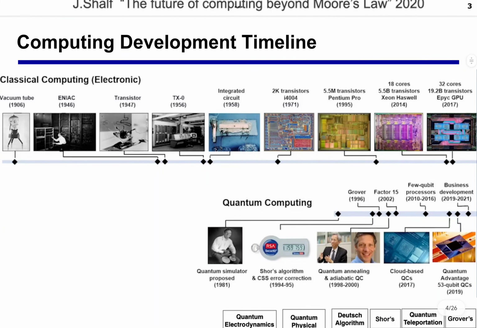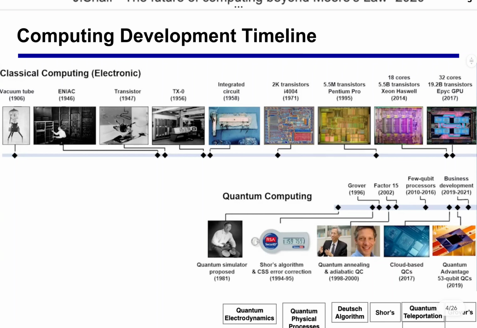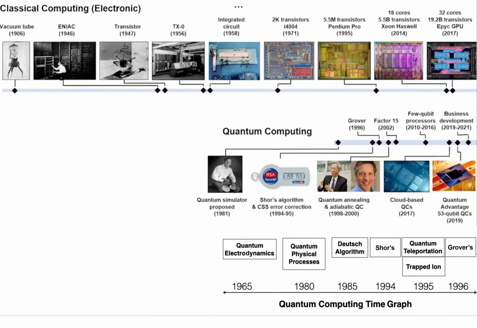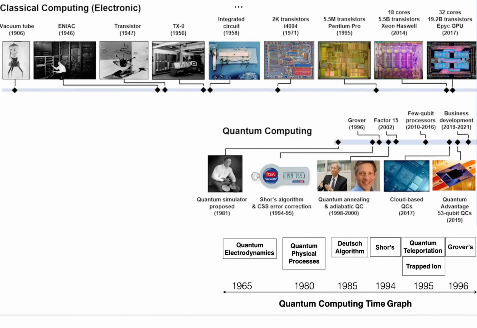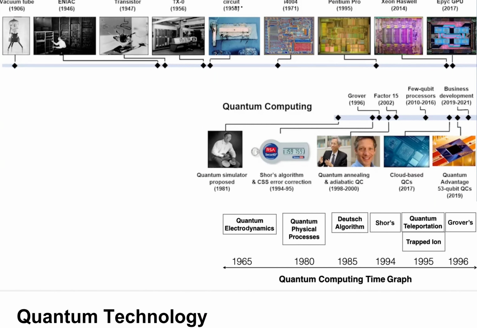Okay, there is a development timeline of more than 100 years. We came to the first computer, ENIAC, and in the 1980s, Richard Feynman proposed the concept of quantum computing.